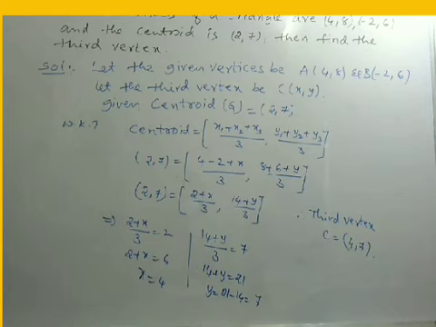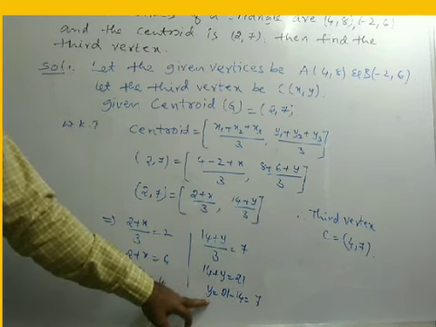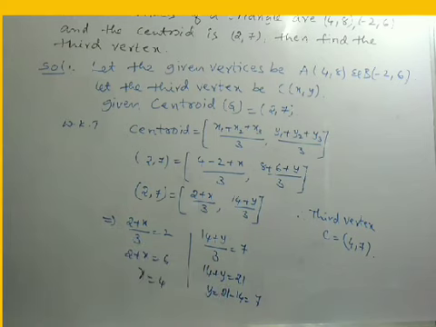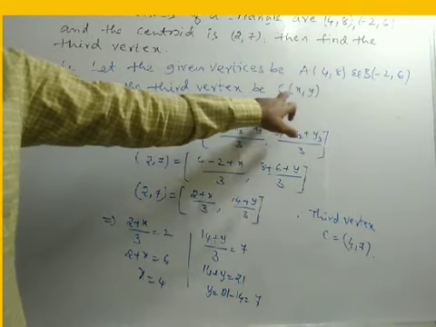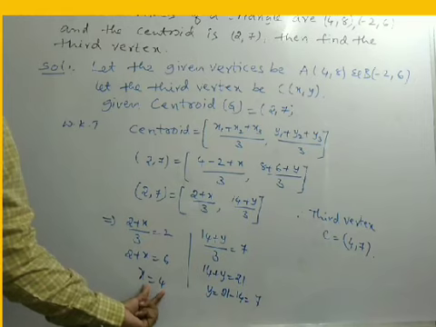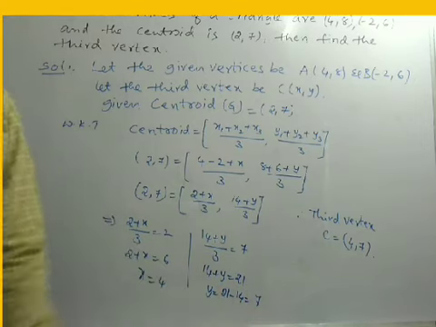On cross multiplication, 3 into 7 is 21. Now y is equal to 21 minus 14, which is 7. Finally we wanted the third vertex, so we got x is equal to 4 and y is equal to 7. Therefore the third vertex C is (4, 7).